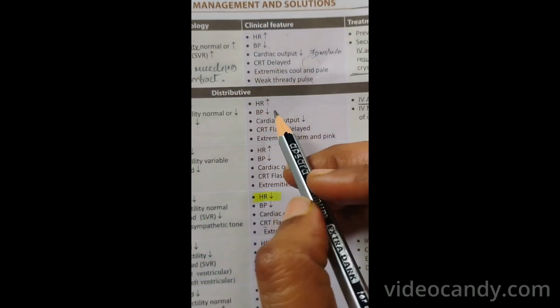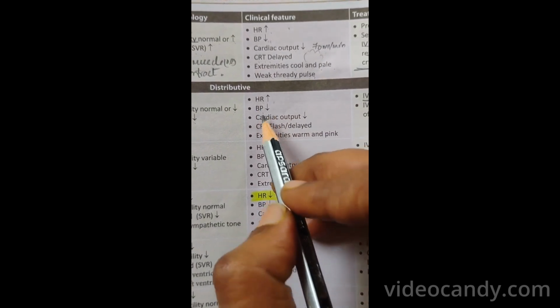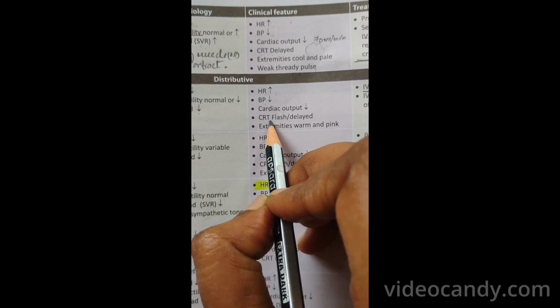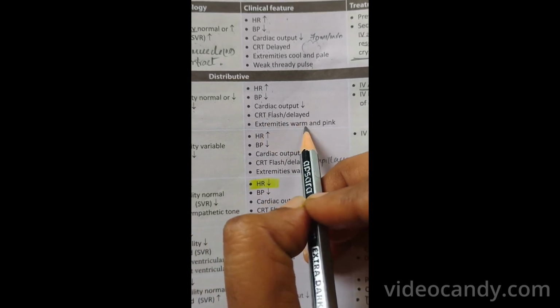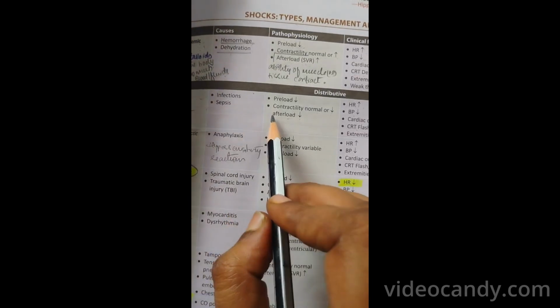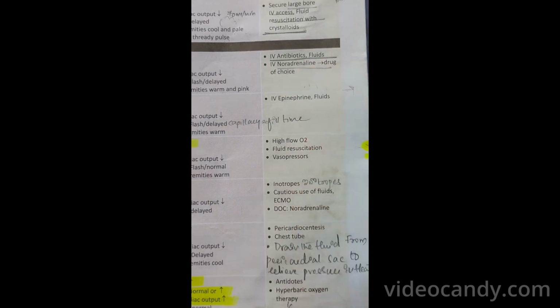Clinical manifestations: heart rate increases, blood pressure decreases, cardiac output decreases, delayed capillary refill time, and extremities warm and pink. The management for septic shock: the person has infection, so give IV antibiotics, fluids, and IV noradrenaline is the drug of choice.